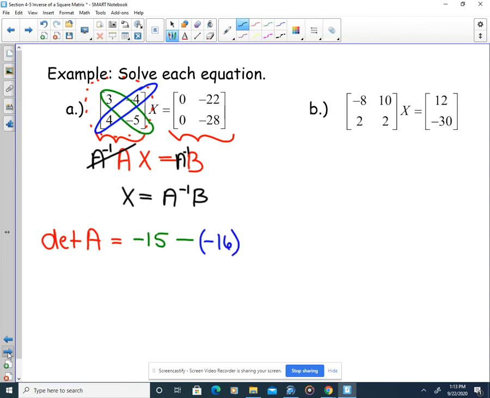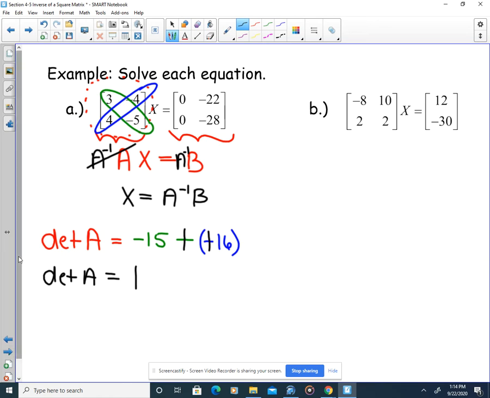So what do we got? We have -15 minus -16 becomes -15 plus 16. So the determinant of A is 1. So this has an inverse. As long as the determinant is not 0, remember, it has an inverse.